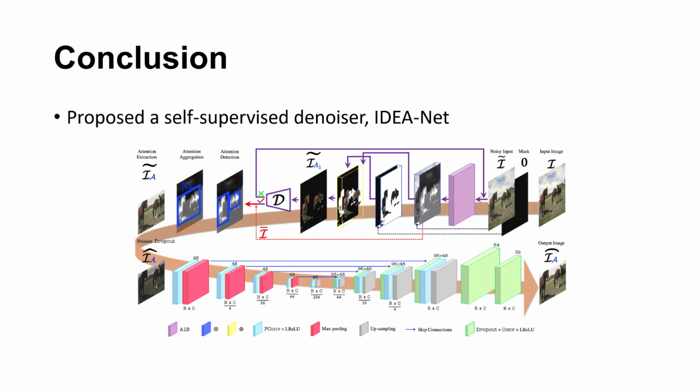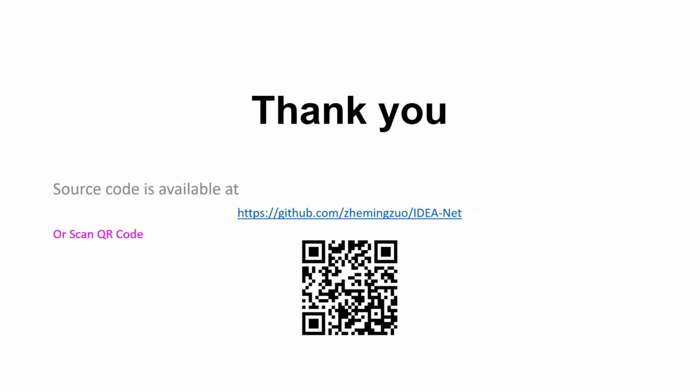Finally, we show that the proposed denoising scheme significantly outperformed the existing state-of-the-art method for real-world face detection in low light and noisy conditions. Of course, our source code is publicly available now.